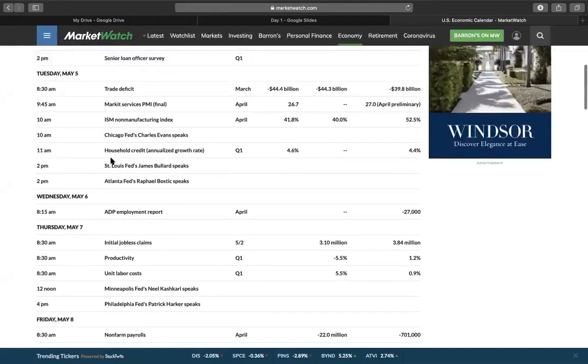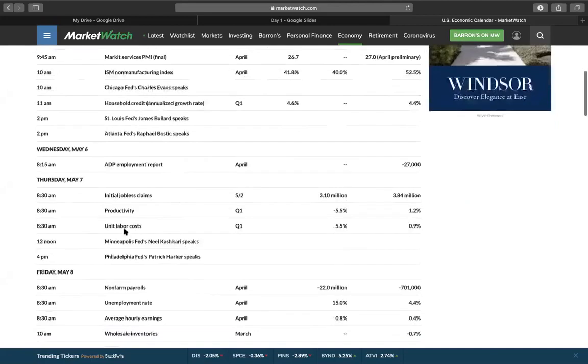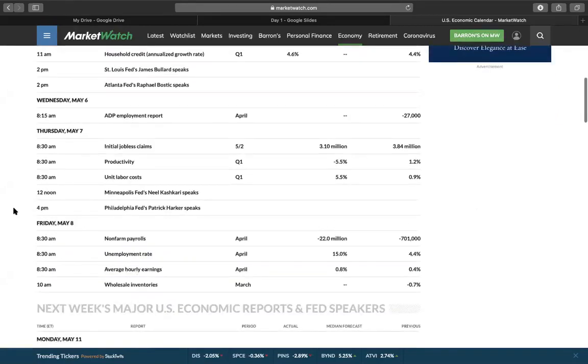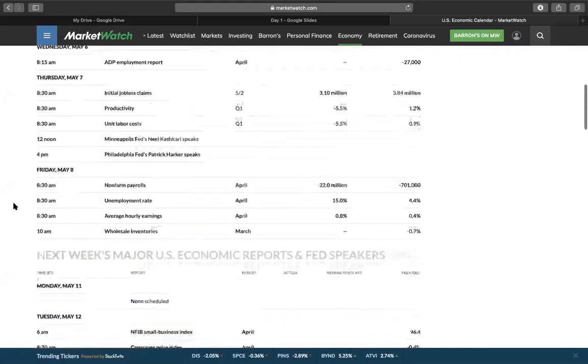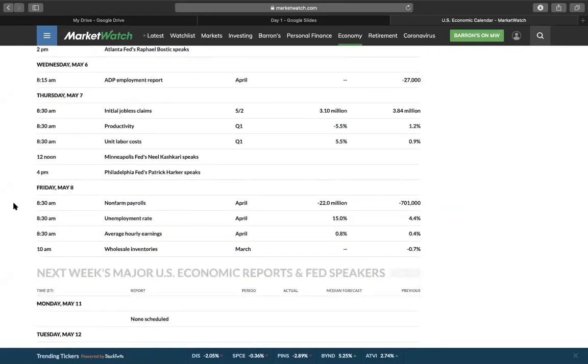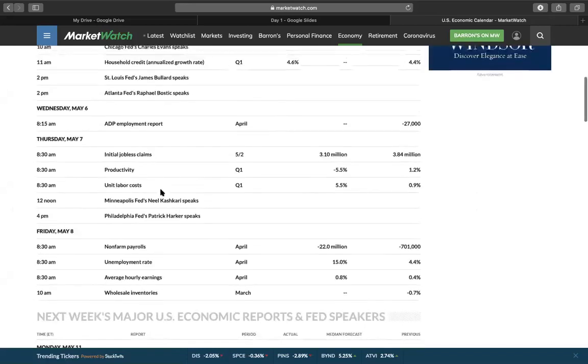So look: employment reports, non-manufacturing indexes, market services, unit labor cost, initial jobless claims, unemployment. Just by looking at this, this week, don't look at Monday, May 11th, which one of these do you think is going to be very important?